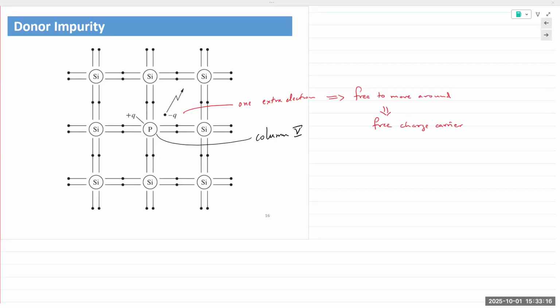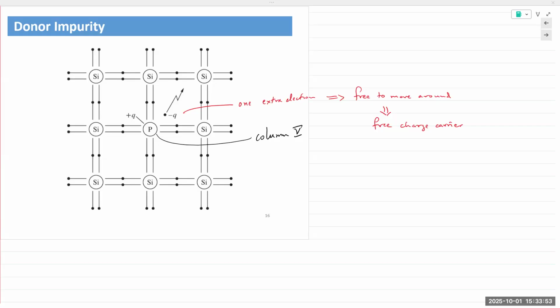In this case, if we take like 10 raised to 15, 10 raised to 16 atoms, which is still a small number compared to all of the silicon atoms that are available, 10 raised to 17, 10 raised to 18 is like an average dose. The dose is defined as the number of atoms you're implanting per centimeter square, a two-dimensional area. The dose is typically 10 raised to 16, 10 raised to 17, 10 raised to 18 atoms per centimeter square.